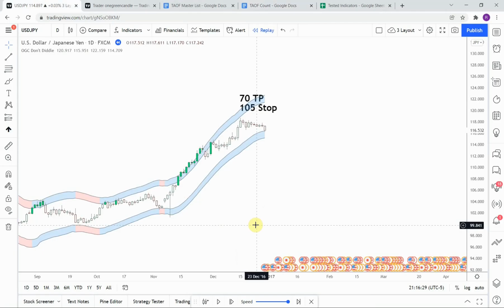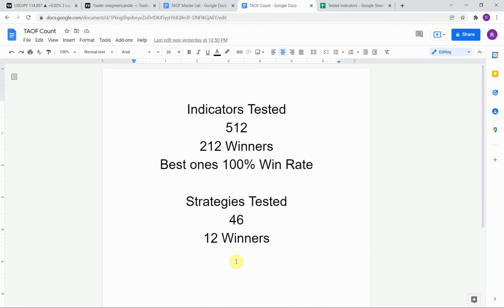Alright, as I said, today we will be testing the don't diddle in the middle indicator. Before we do though, I wanted to put the testing scoreboard up for everyone to see. So to date, we have tested a total of 46 different strategies, with 12 of them being profitable. We have also tested a total of 512 indicators, with 212 of them being winners.